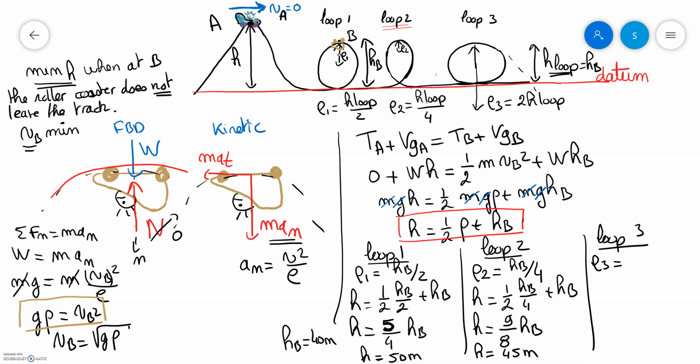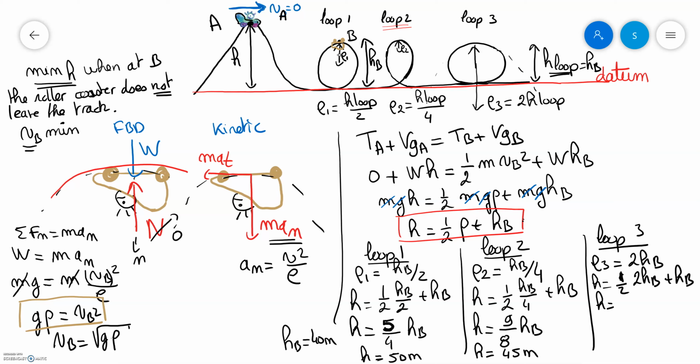And loop 3: rho 3 equals 2 HB, so 2 times the height of the loop. So H is equal to 1/2 of 2 HB, from this formula, so 1/2 of rho, plus HB.